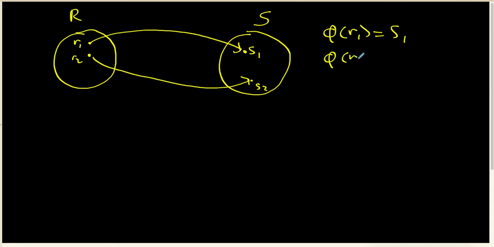We have phi of r2 is equal to s2. That's what the one-to-one part of phi is a ring isomorphism is going to say.